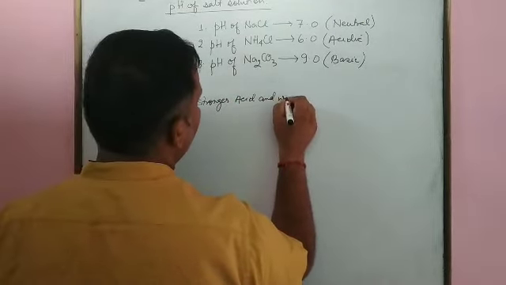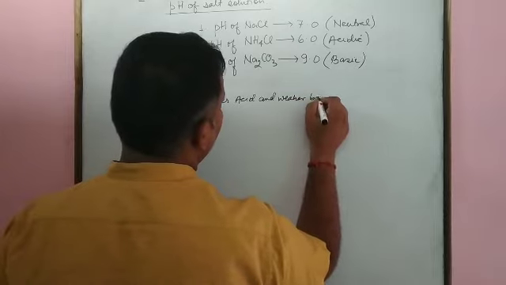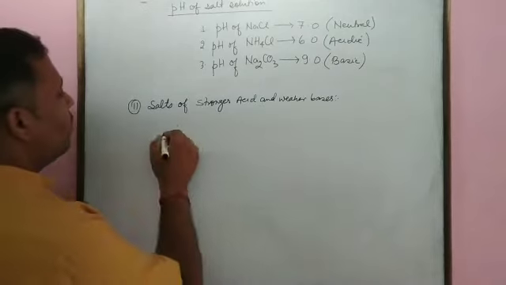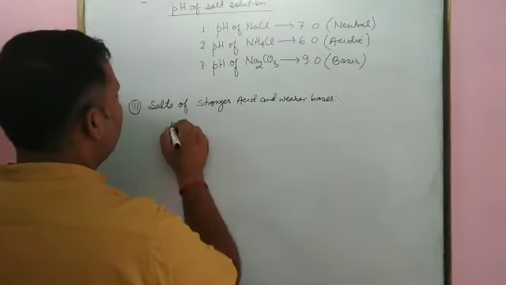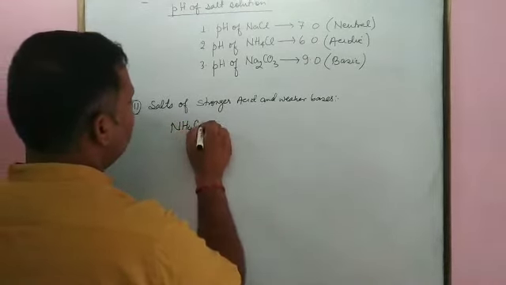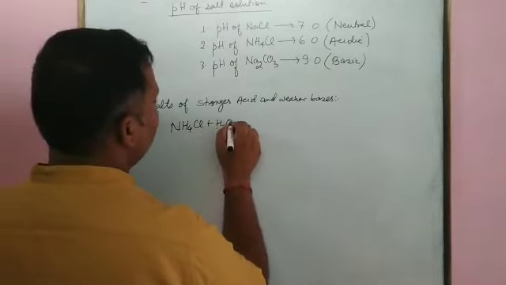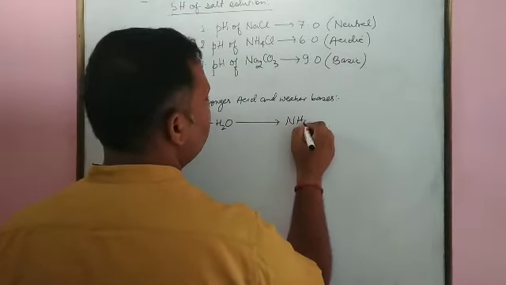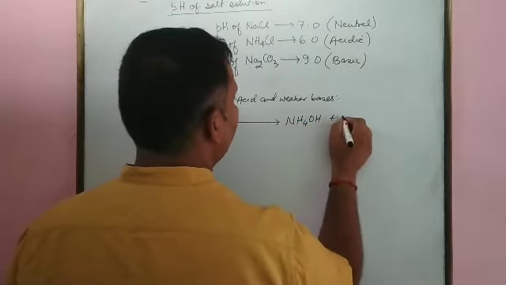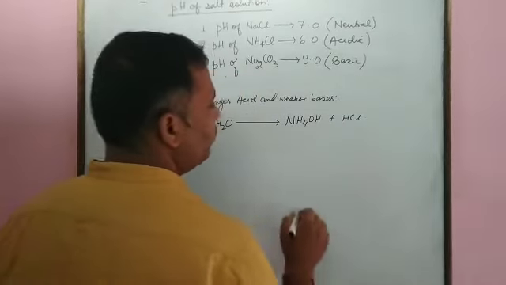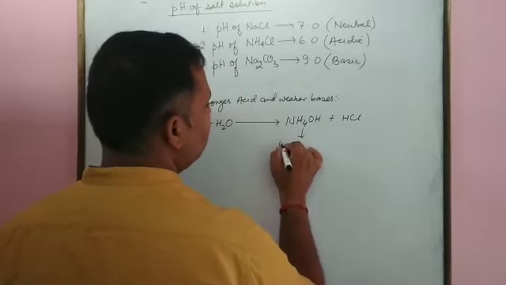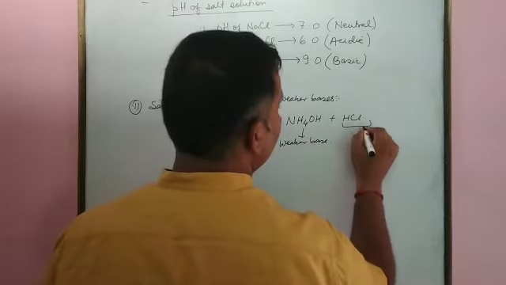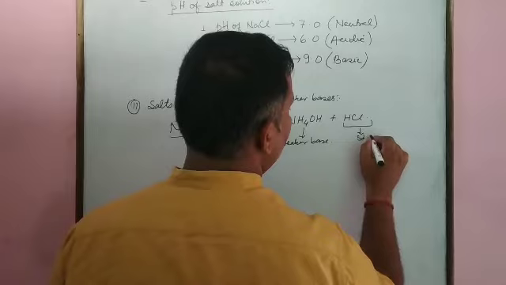Let us discuss the salt ammonium chloride. When ammonium chloride NH4Cl is dissolved in water, it will form NH4OH plus HCl. We know this is a weaker base and this one is a stronger acid.